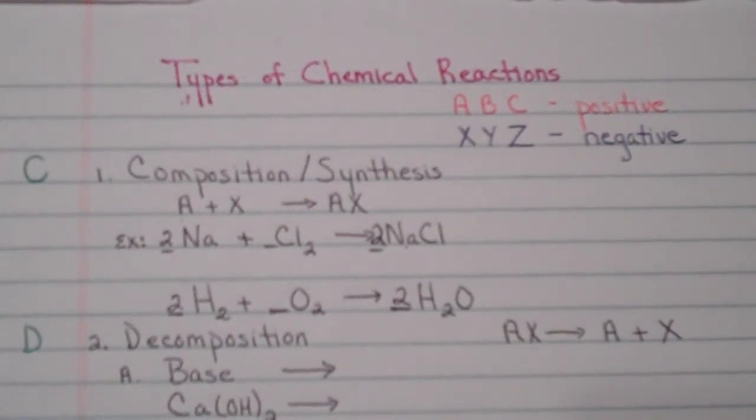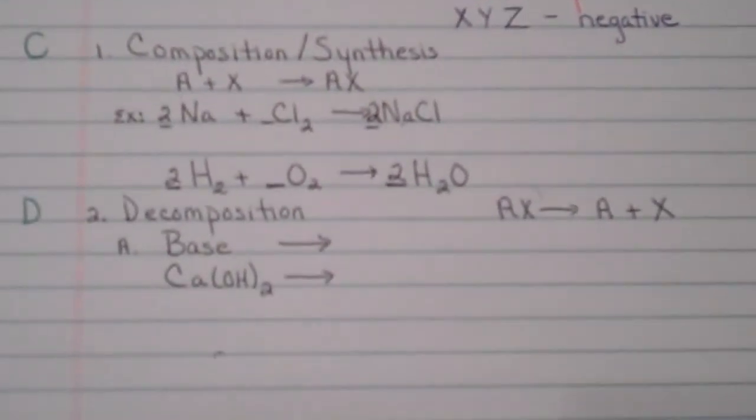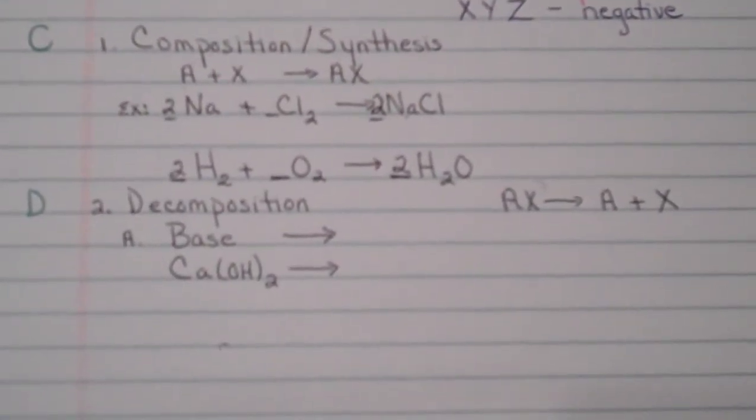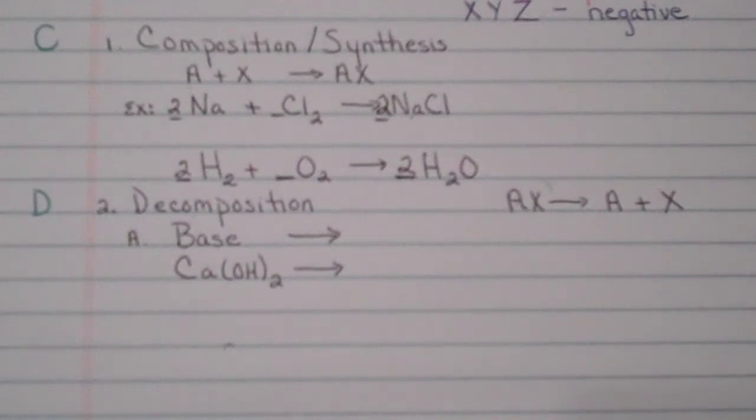And decomposition reactions are of the format a large particle with a positive and a negative component will break up into smaller particles. And so there are probably 4 good examples of decomposition reactions, but let's focus on 2 that will become more important in later parts of the curriculum.